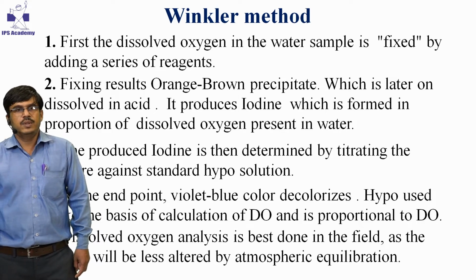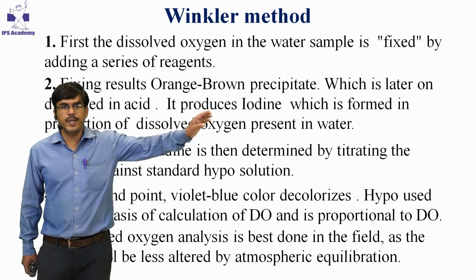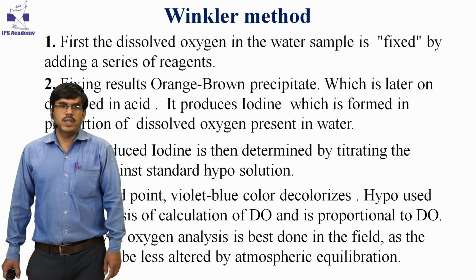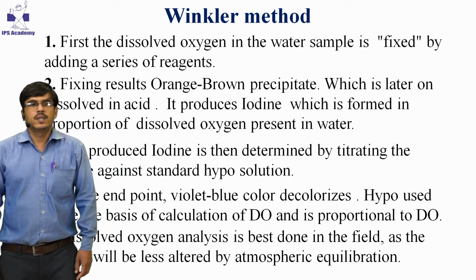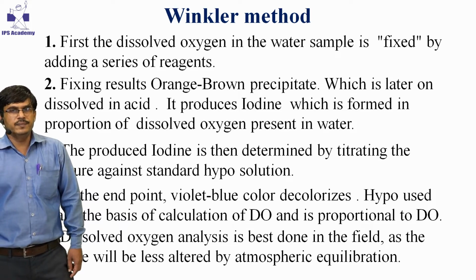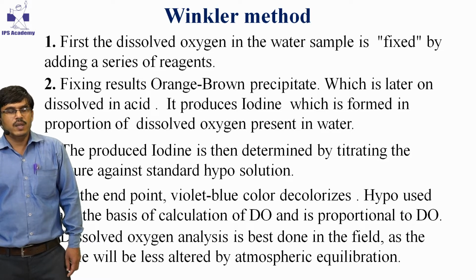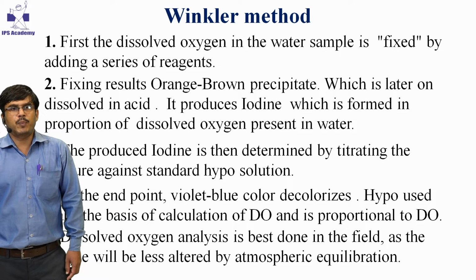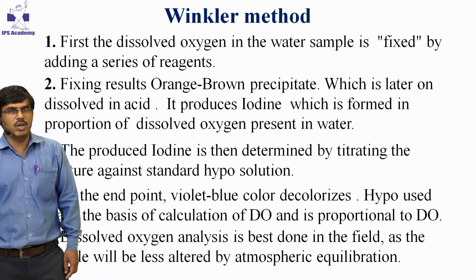Fixing of dissolved oxygen results in an orange brown precipitate. This precipitate then dissolves in acid. Reaction with sulfuric acid produces iodine, and this iodine which is formed is in proportion to the dissolved oxygen present in water.